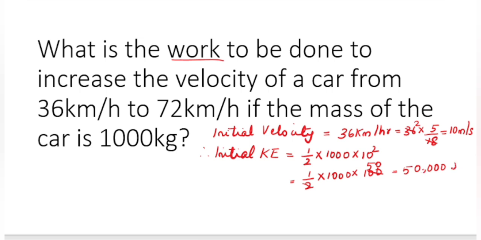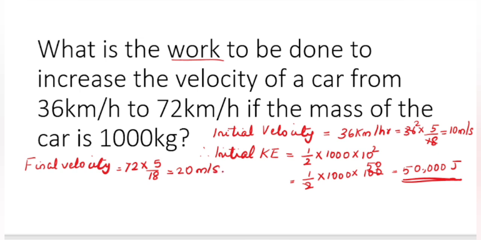Now the velocity is increasing from 36 km per hour to 72 km per hour. That means the final velocity becomes 72 km per hour. That is 72 into 5 by 18. We get 20 meter per second. So the final kinetic energy would be half into, again mass is the same, 1000 into 20 into 20.